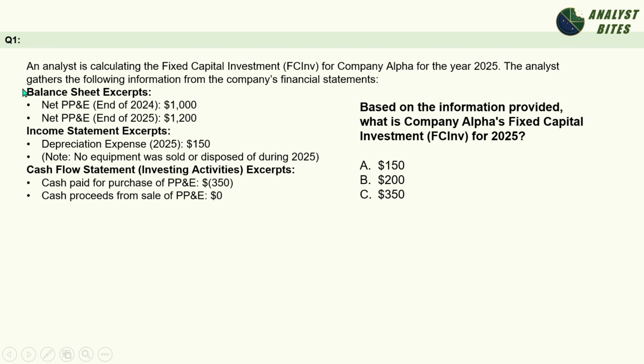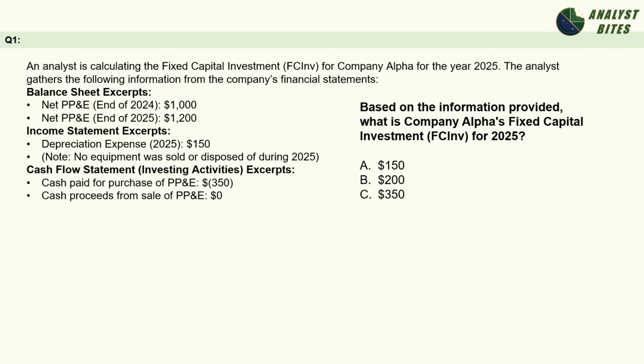Let's start with our first example. This problem closely mirrors how fixed capital investment is typically tested in Level 2. We are asked to calculate the 2025 fixed capital investment based on the provided balance sheet, income statement, and cash flow statement.